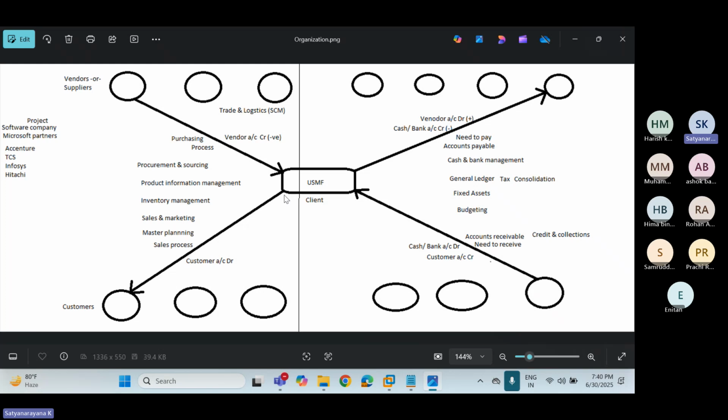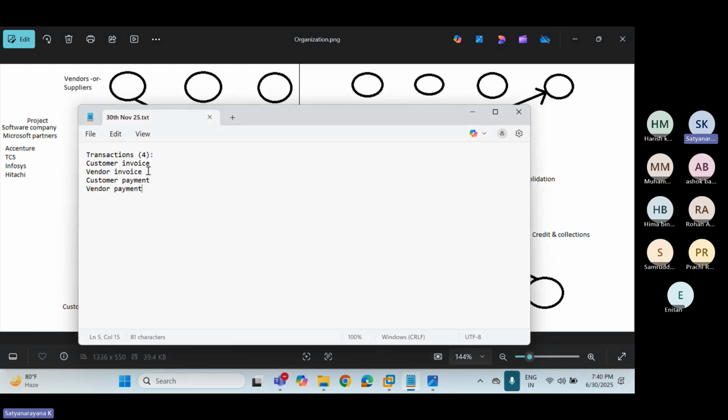So one is customer invoice. To understand customer invoice and customer payment, you need to remember 3 golden rules. In this, debit the receiver, credit the giver.